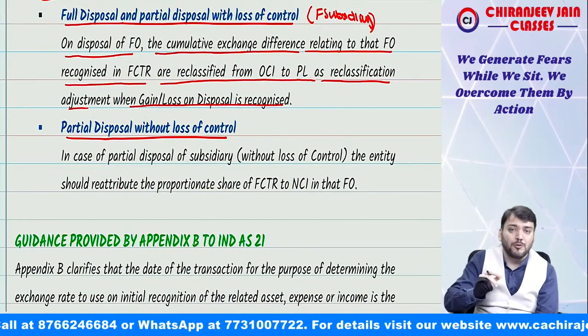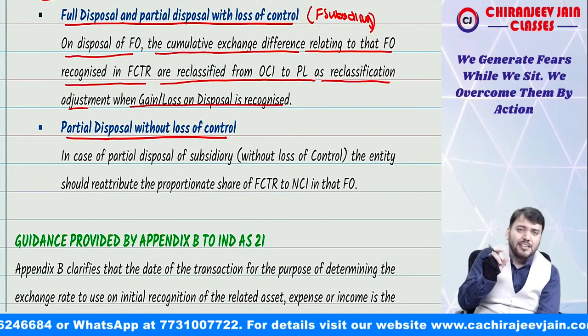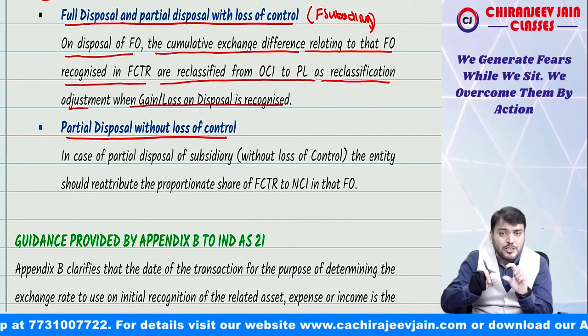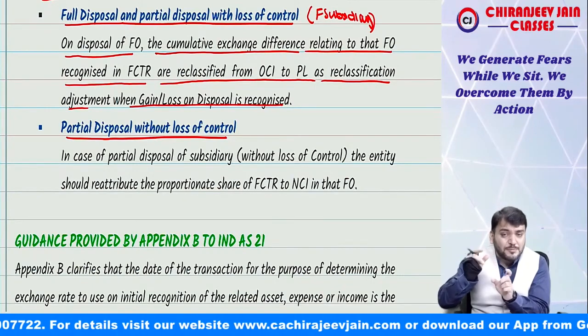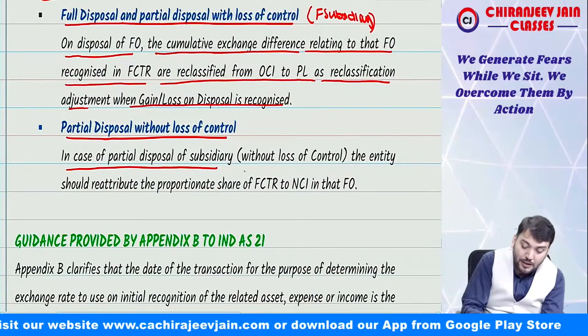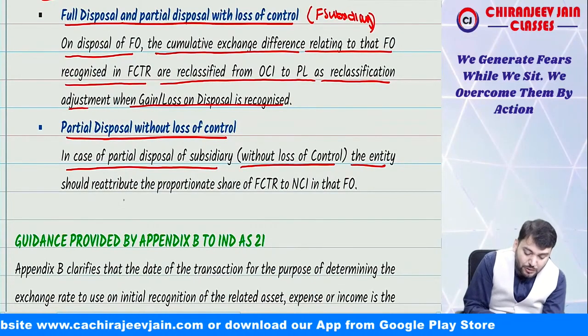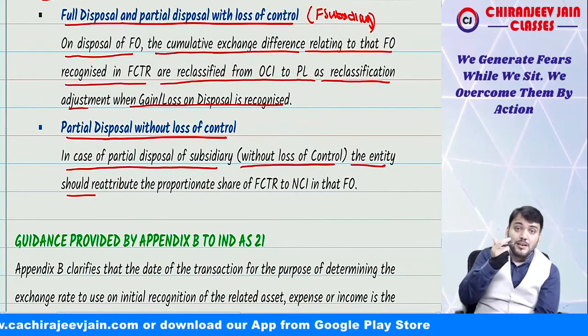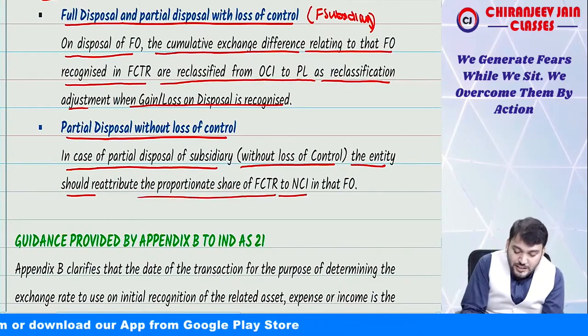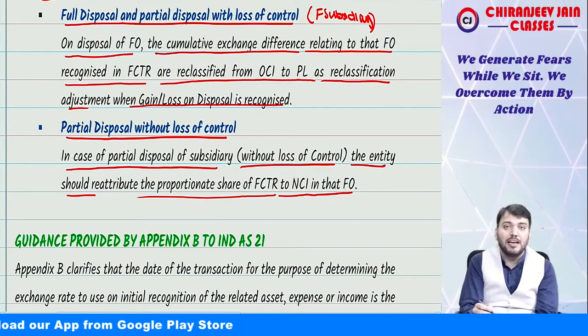In that case, the entity should reattribute the proportionate share of FCTR to NCI in that foreign operation.